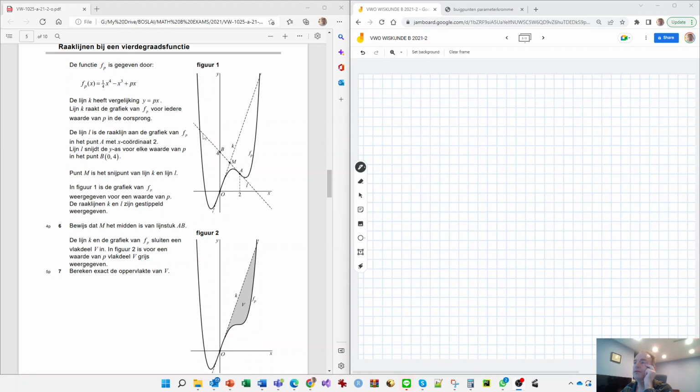There's a line L which is tangential in a point A with x coordinate of 2. And this line L intersects the y-axis in a point B with y coordinate 4.